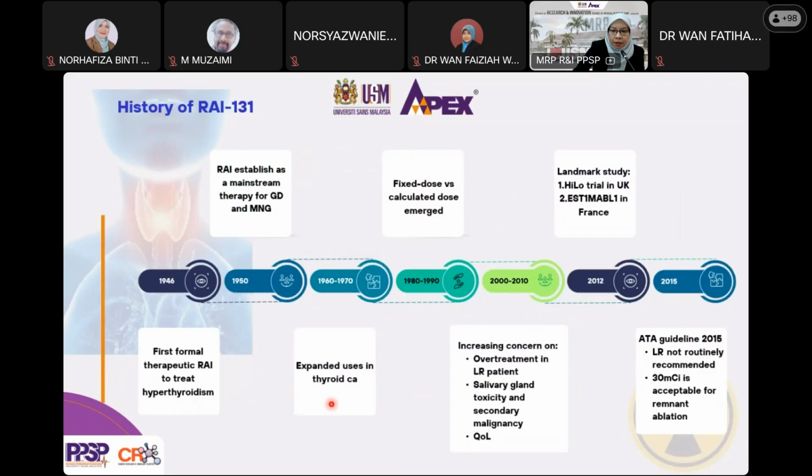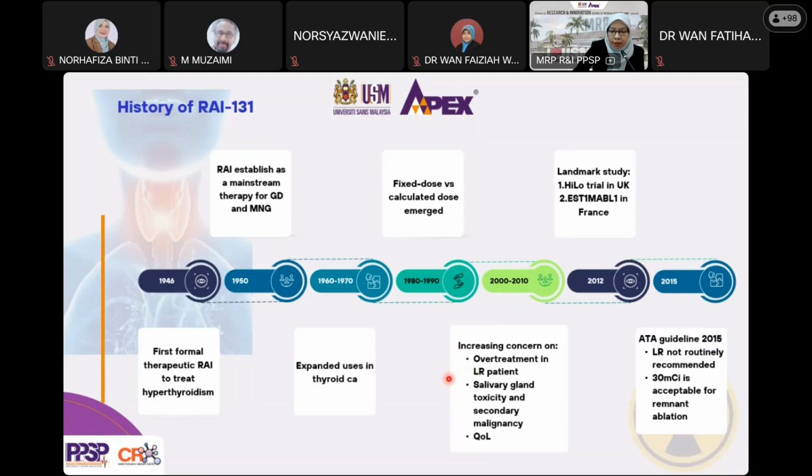However, over the past 2 decades, there has been increasing concern about overtreatment with radioactive iodine, especially in low risk patients. There is also increasing concern about the potential side effects of radioactive iodine, such as salivary gland toxicity and secondary malignancy such as bladder cancer, because of radiation accumulation in the excretory organs.